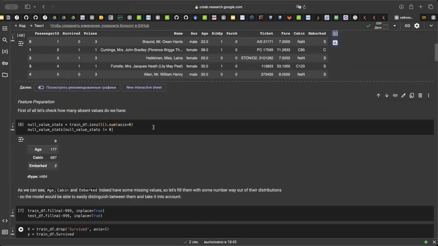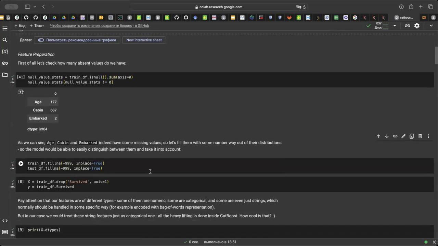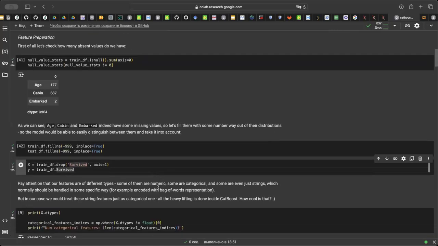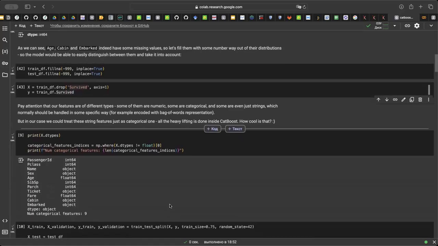Okay, so here we just check how many missing values we have, and then we replace the missing values with something which we're completely sure is out of the distribution.